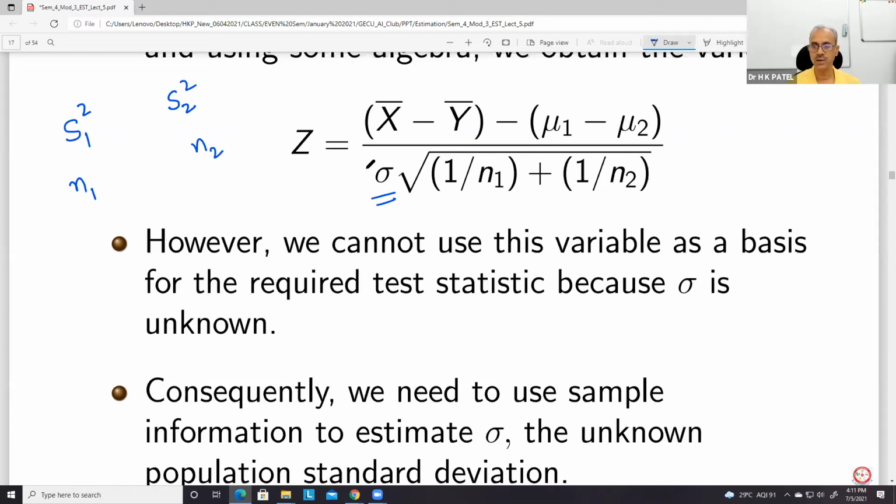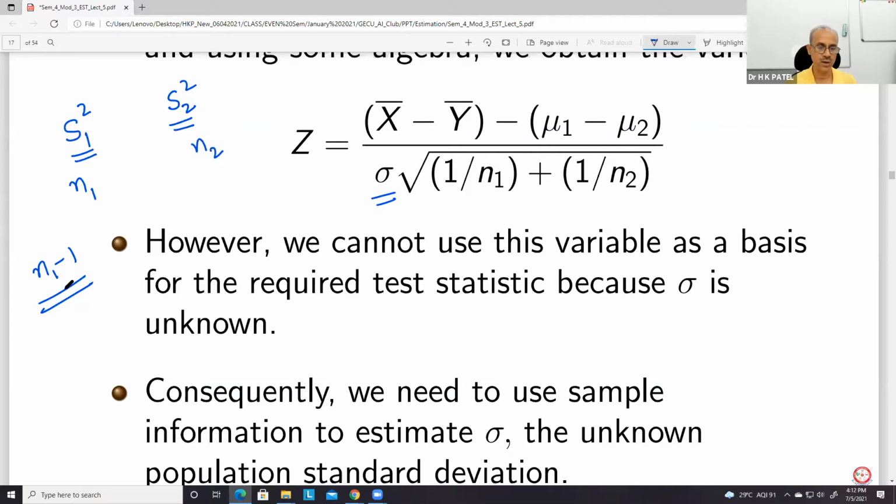In fact, we take the weighted mean of S1 square and S2 square. While calculating S1 square, we don't use N1, we use N1 minus 1. In the case of sample standard deviation or variance, we don't use the actual number of observations; instead we use one less, N1 minus 1, here N2 minus 1.